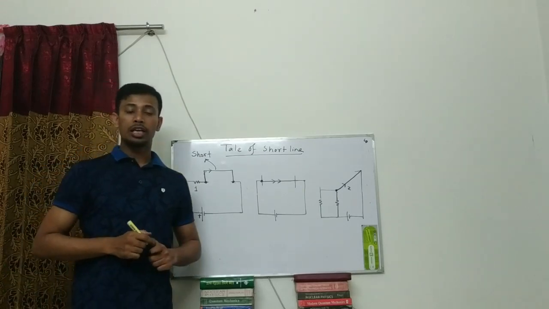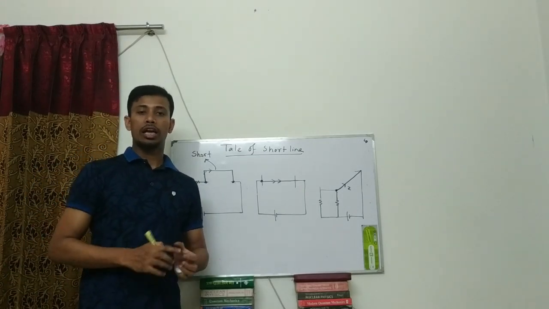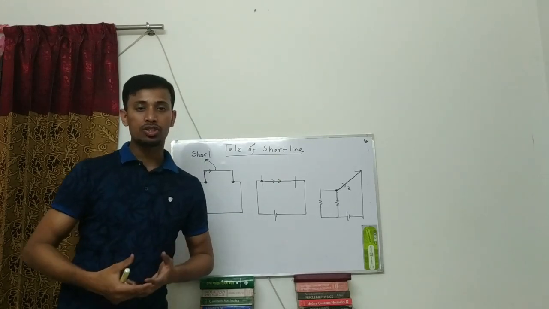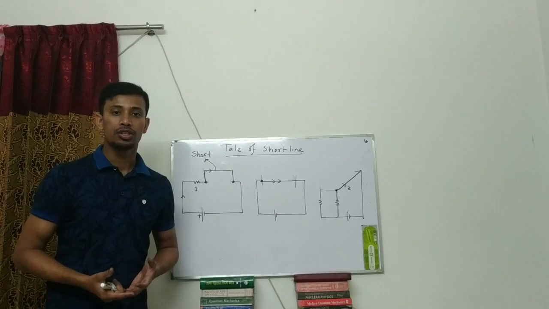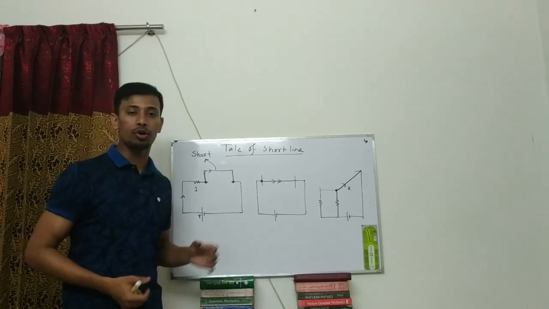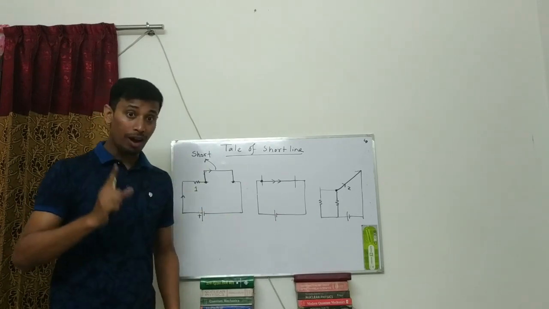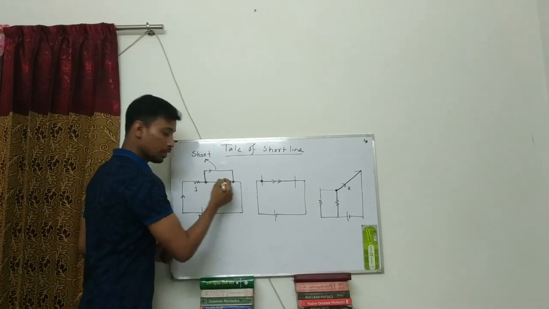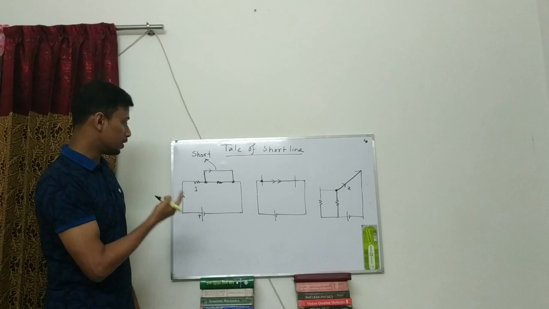So a short line can exclude or omit one resistance or more than one resistance from a circuit. I hope you have got the idea about the short. And one more important thing. This was the look of the first circuit, right?